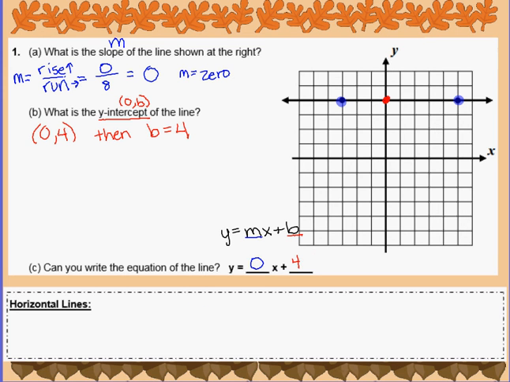Well, 0 times x ends up being 0, so this term ends up just being 0 plus 4, so it's just y equals 4. This is the equation of the line shown above. Y equals 4.